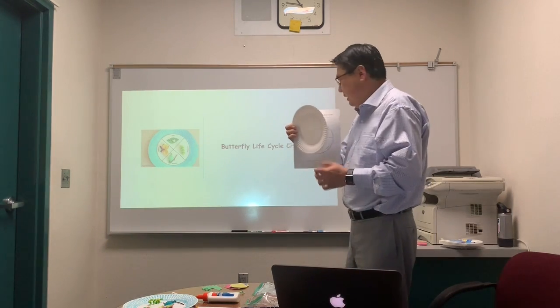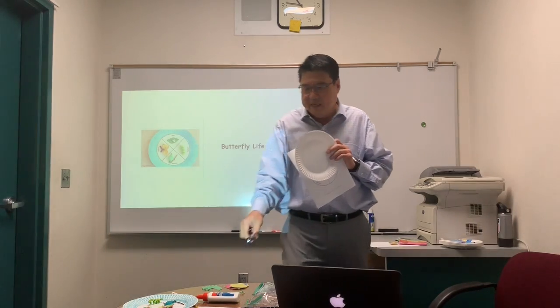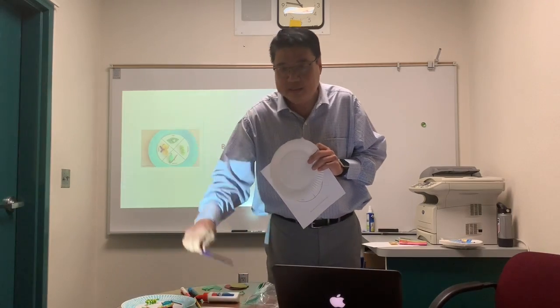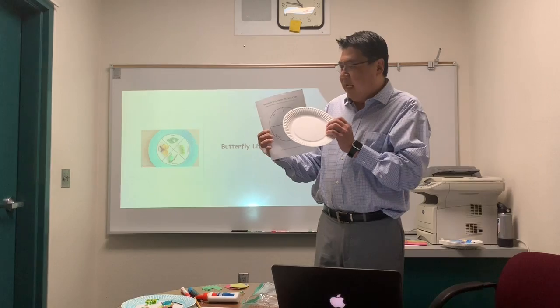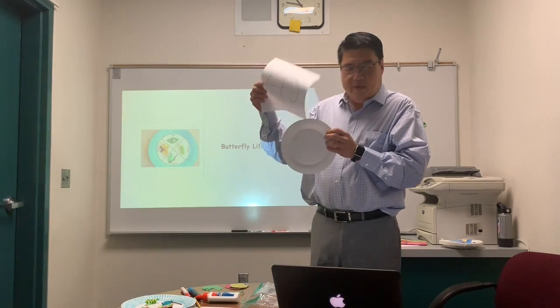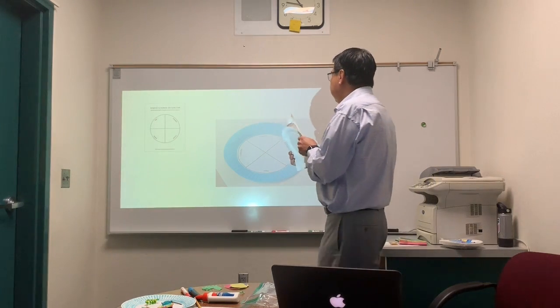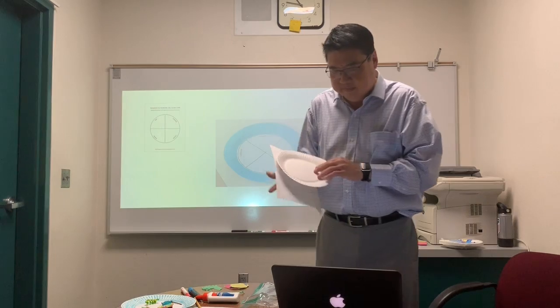And you can use a marker, actually any marker, or a color pencil. So marker, color pencil, or even crayons if you have them. And we're going to color the plate, and then we're going to cut this circle and paste it on the plate. So we're going to do that.